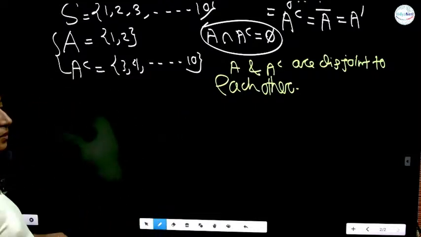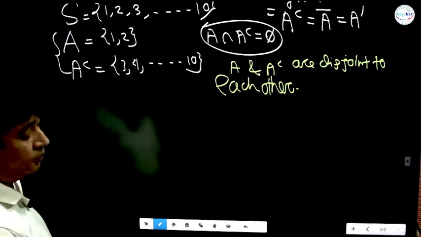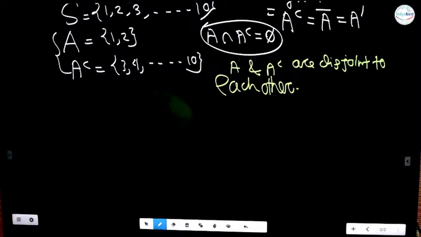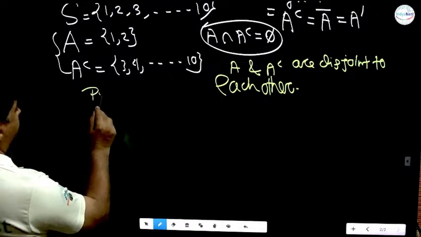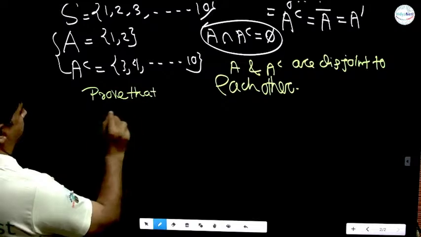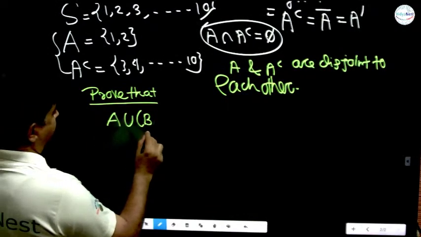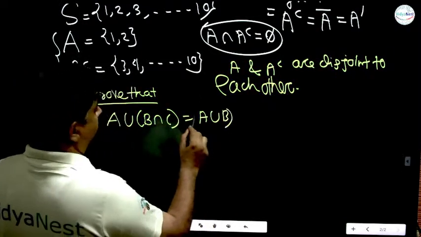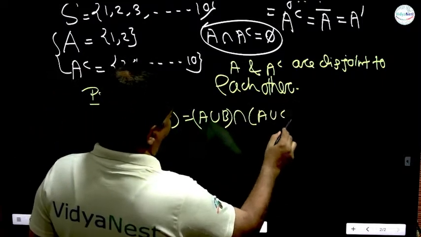Now, using the concept of union and intersection, we'll prove some results. Just wait. Suppose you are told to prove that A union (B intersection C) is equal to (A union B) intersection (A union C).